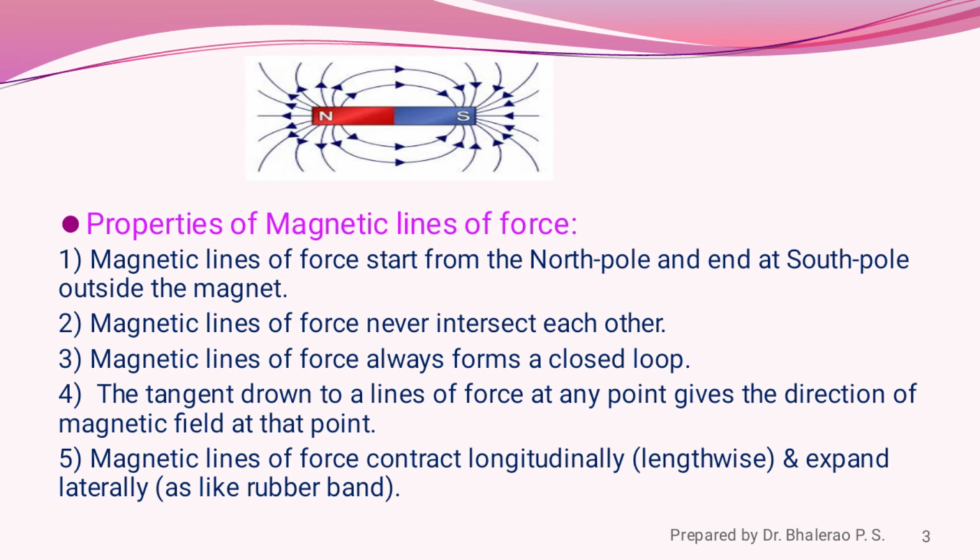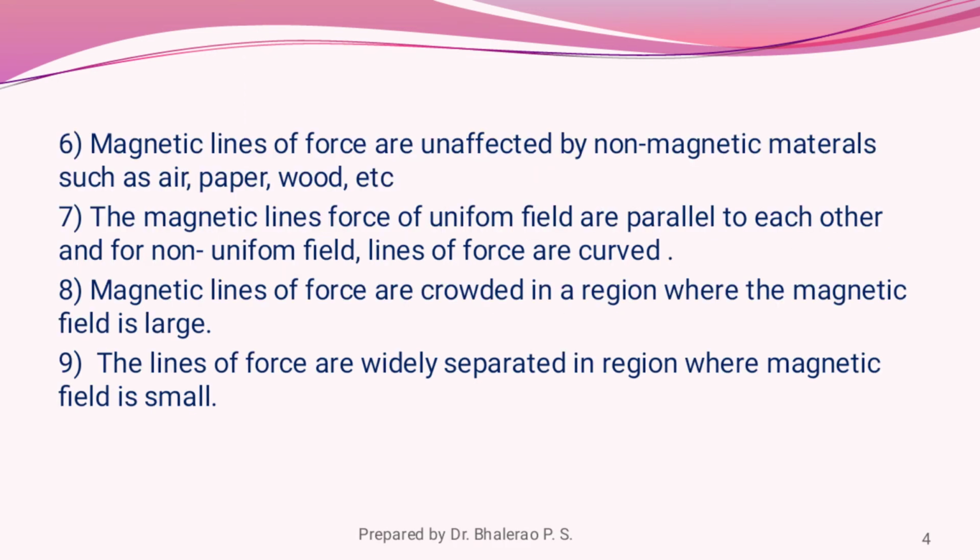Number five: the magnetic lines of force contract longitudinally, that is lengthwise, and expand laterally, like a rubber band. Number six: the magnetic lines of force are unaffected by non-magnetic materials such as air, paper, wood, etc. These are non-magnetic materials and the magnet is not affected by that material.